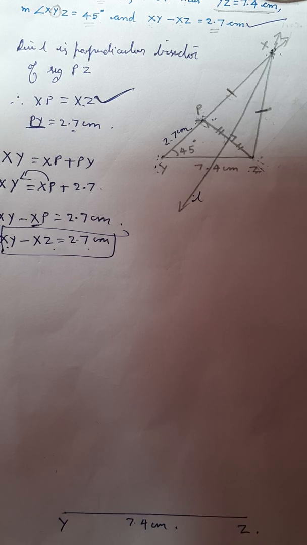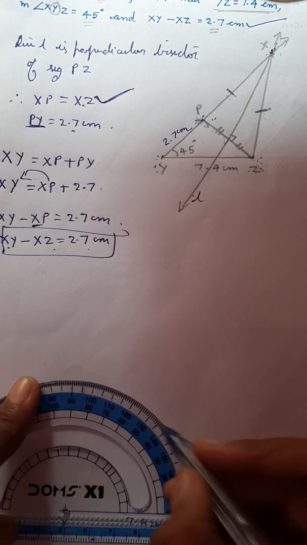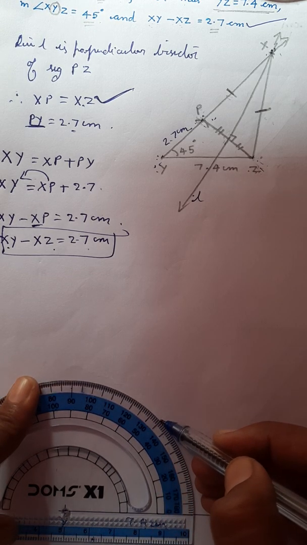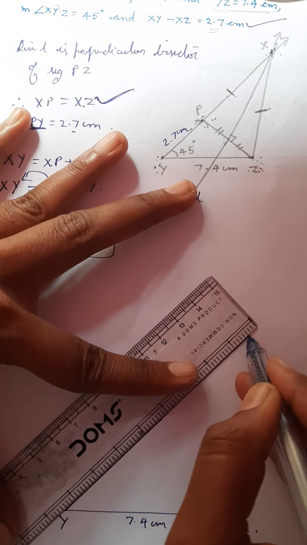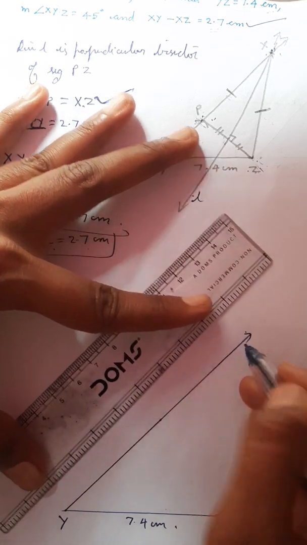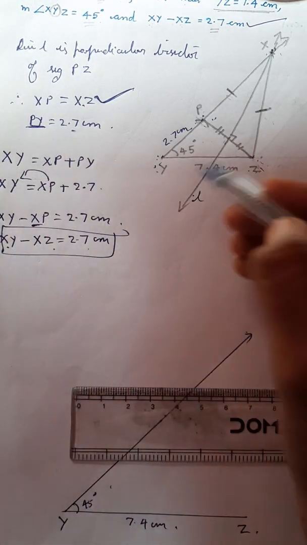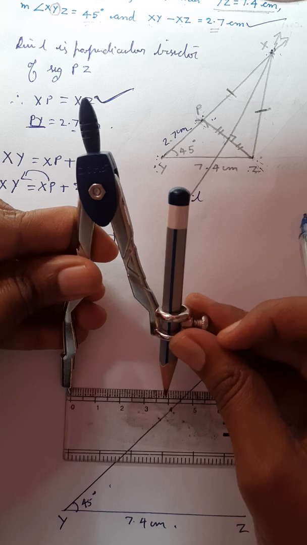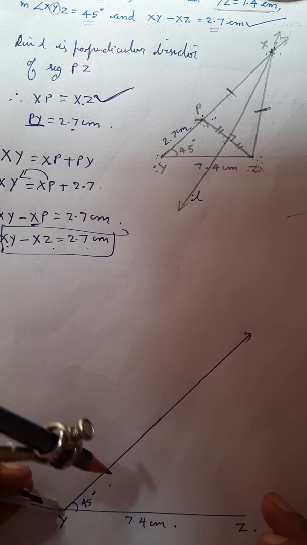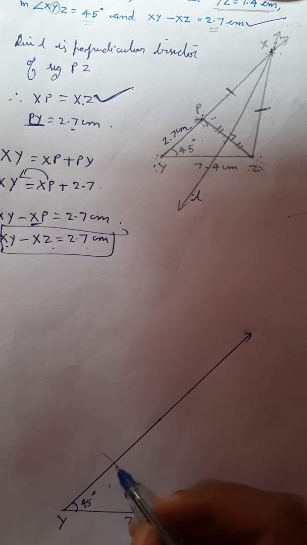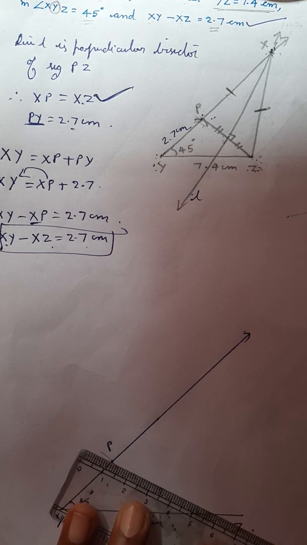Next, keep angle 45 degrees on Y. 45 comes between 50 and 40, in the middle, and join the line and extend it. Now take 2.7 centimeters with the compass, keep it on point Y and cut the arc. Wherever it meets, this is the extra point we are taking, P, and join P and Z.